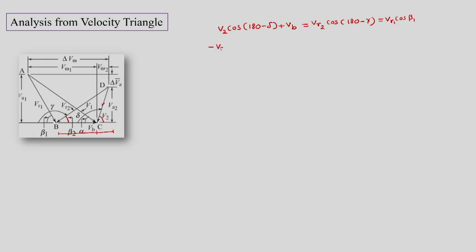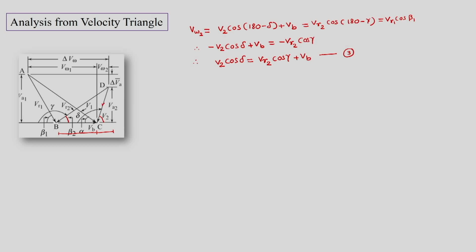Having said this, we can also write down the same thing another way, where we have minus V2 cos of delta plus Vb is equal to minus VR2 cos of gamma. So, we can write it as V2 cos of delta is equal to VR2 cos of gamma plus Vb. This is our equation number 3.